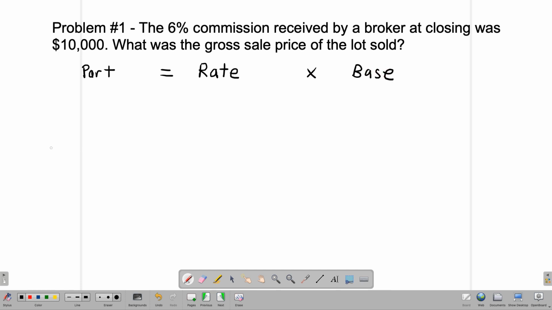And then we said for this particular problem, the part is going to represent the commission, and the rate is the rate of commission, and then the base will be the actual sale price.